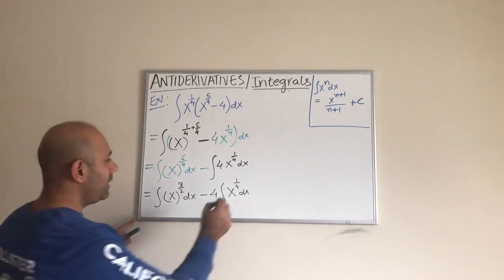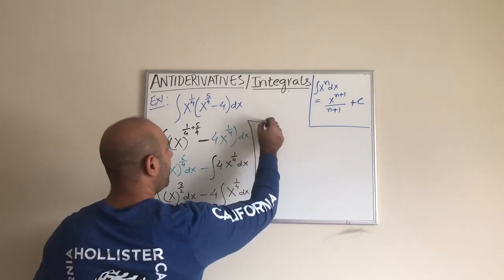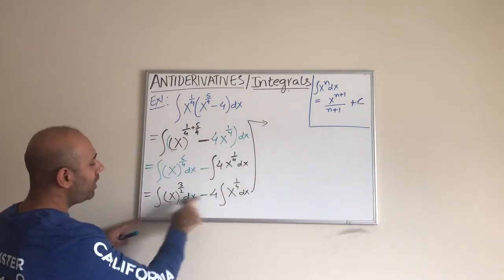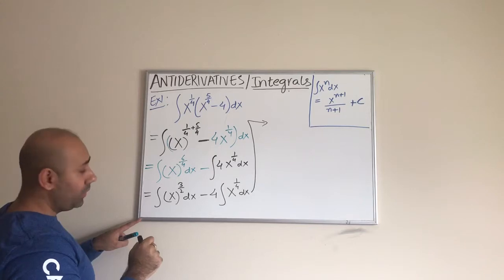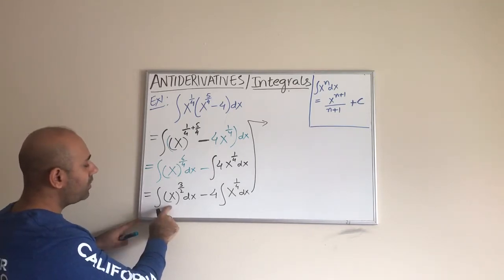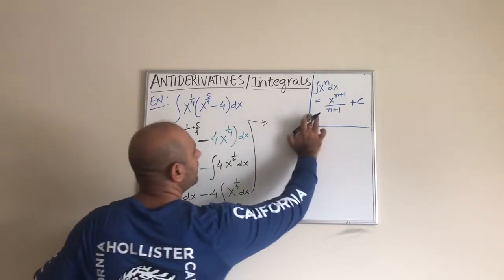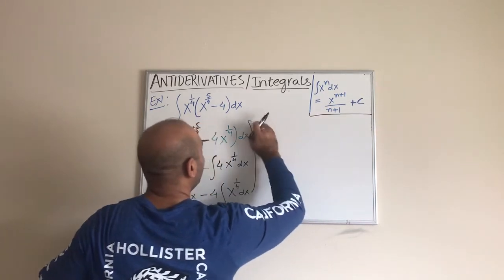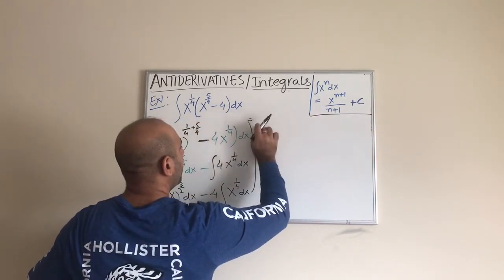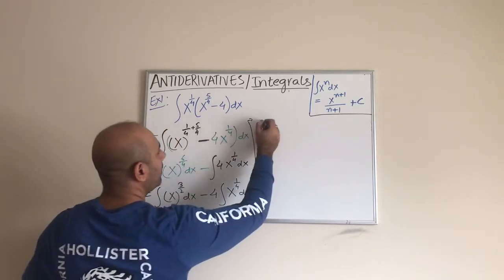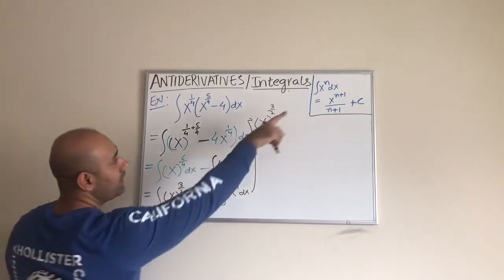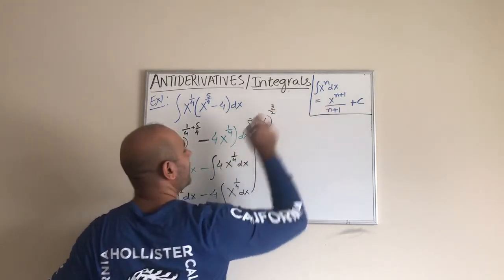And then from here, let us see if we can now use the power rule. Guys, from here we can use the power rule on this guy and this guy because they both are in the form x to the power n. Okay, so using the power rule on both of these, what do we get? Let's see, we need more space. So for this I'm going to get x to the power 3/2, and what do I have to do to the exponent? Guys, my power rule tells me I just have to add 1.